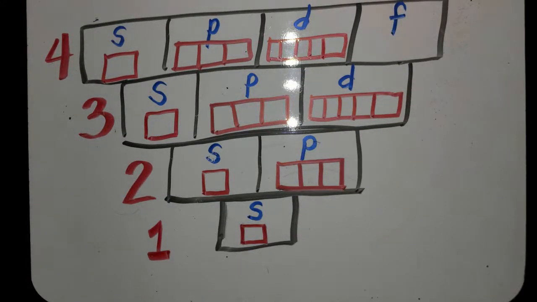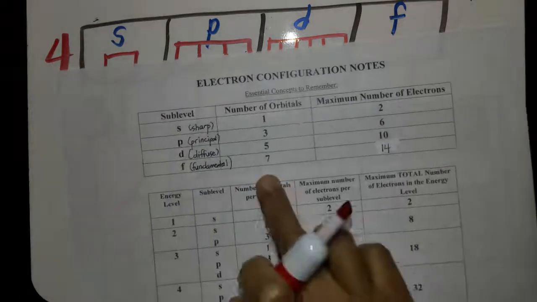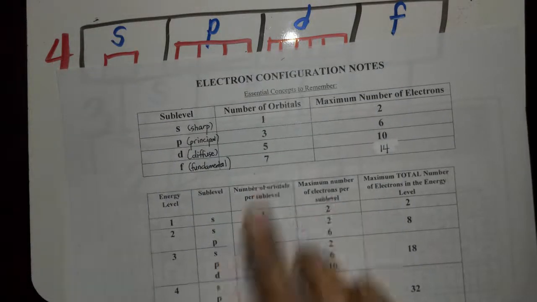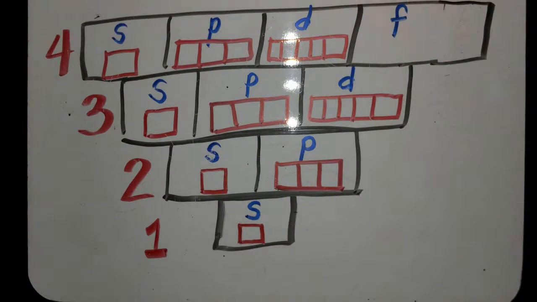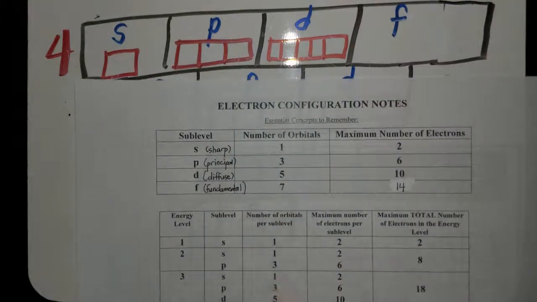And lastly, the most expensive unit is the F level. And the F sublevel has how many orbitals? It has 7. Okay, so the last one that we have here is the F sublevel. The F sublevel has 7 orbitals.